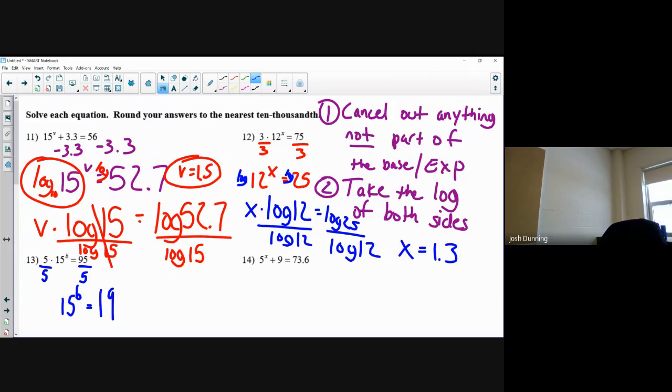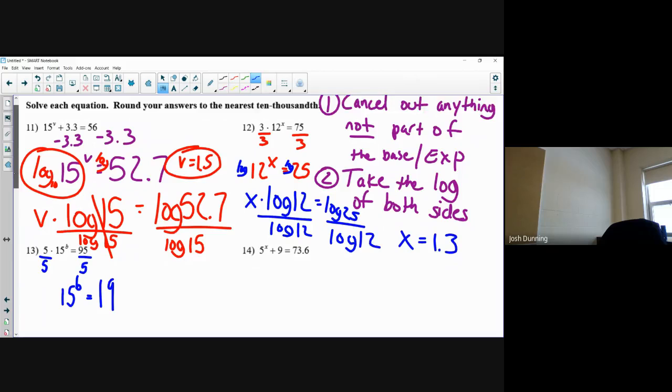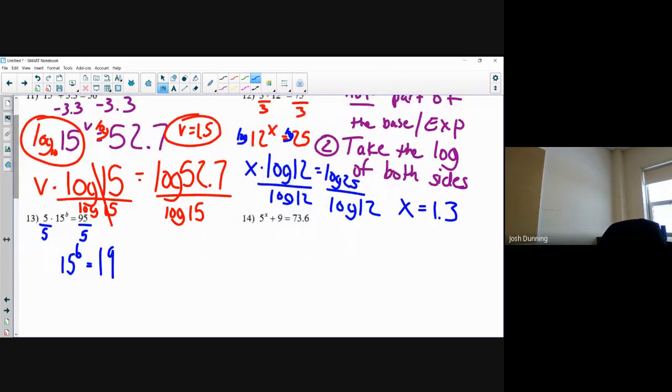And again, if you want to pop that exponent off of that 15, take the log of both sides. That pops that b out front with a times. That helps me because now I can just divide by log of 15.